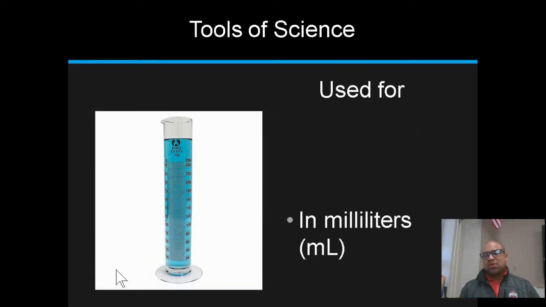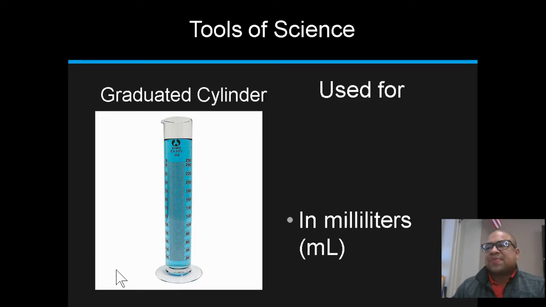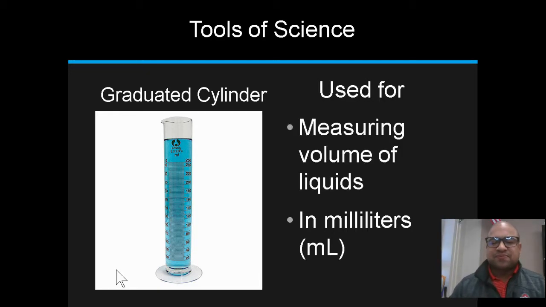The next tool that's commonly used in science class all the time is called the graduated cylinder. This tool is used to find the volume of liquids. Typically, we use something that's called milliliters, or mL. And so this helps us measure liquids to understand how much of a liquid we have.